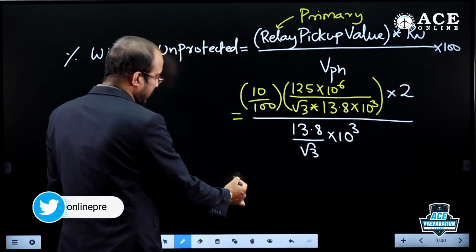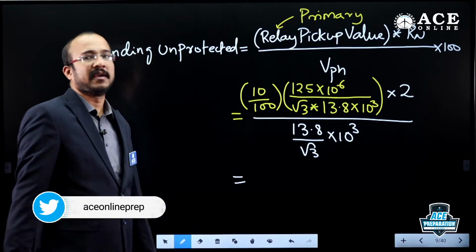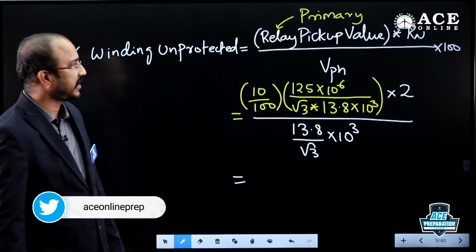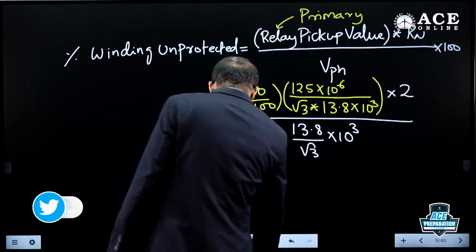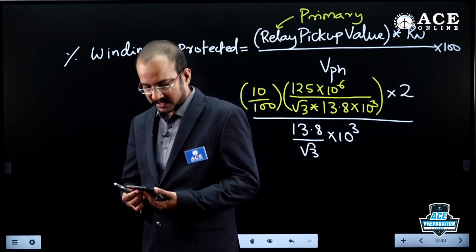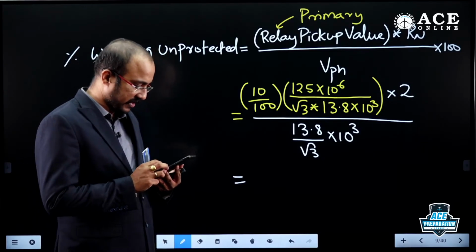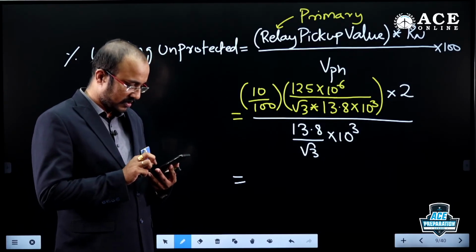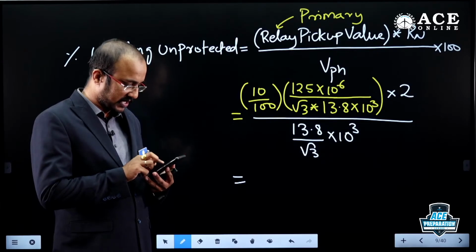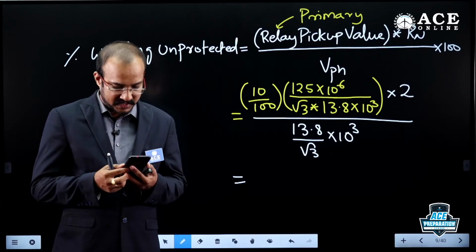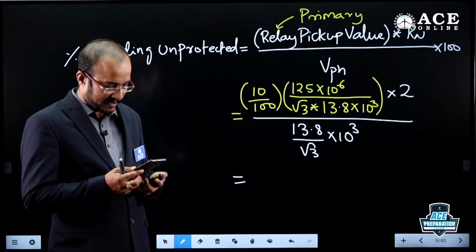Now if you simplify this, you will get the percentage winding that is left unprotected. Once you get the percentage winding unprotected, we will get the percentage winding protected. Try to solve this and post the answer. How much do you get for the percentage winding unprotected?